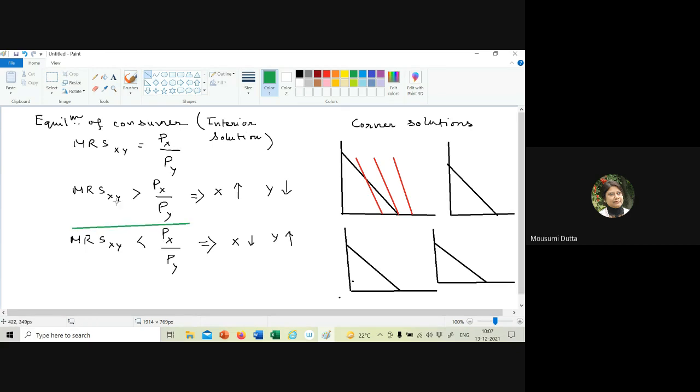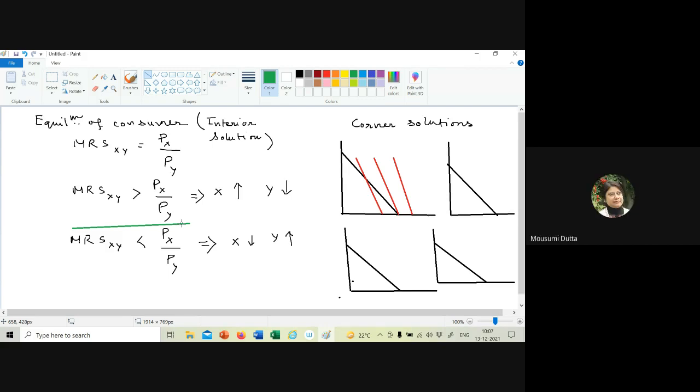If the slopes of the ICs are greater than the slope of the budget line, are we talking about this situation, MRSXY greater than PX by PY for the entire budget line? Everybody? Yes, ma'am.